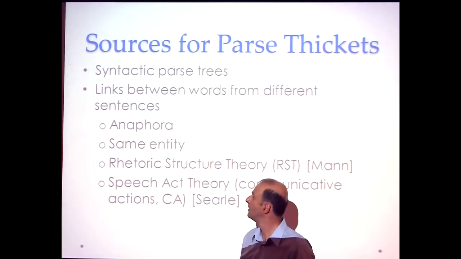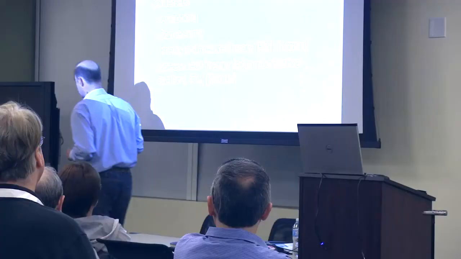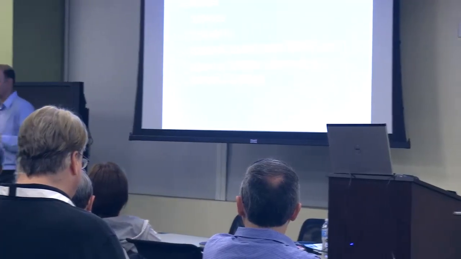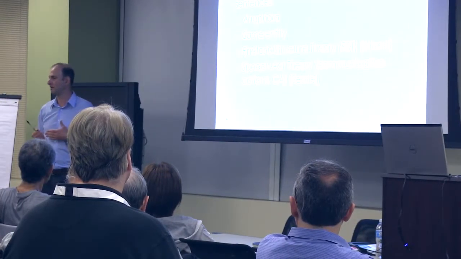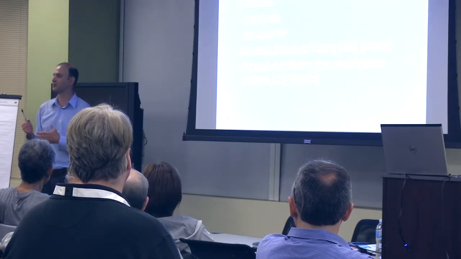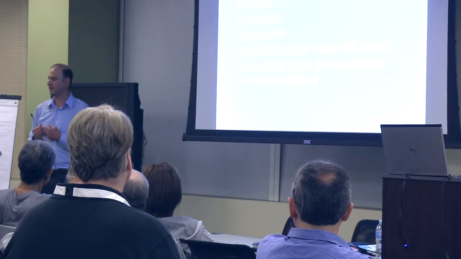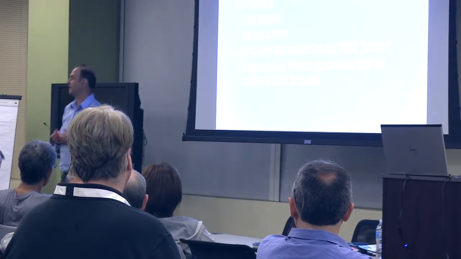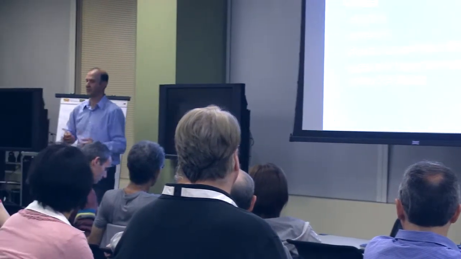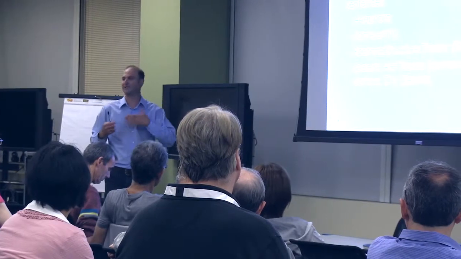What is anaphora? Okay, anaphora is: Boris said something. He was wrong. So Boris was wrong. So using a pronoun to refer to the name. I'll repeat this example: Boris said something, he was wrong.